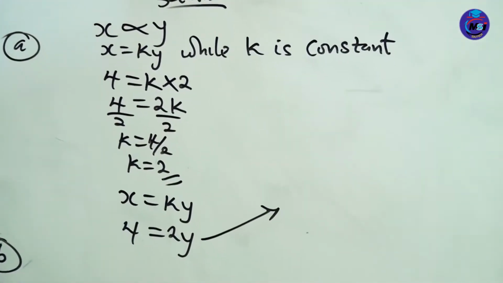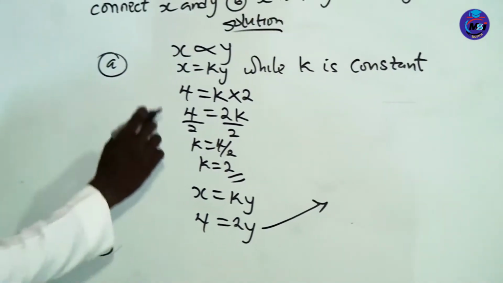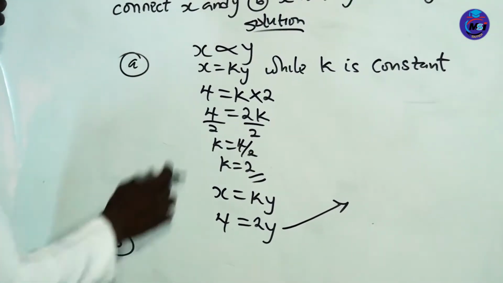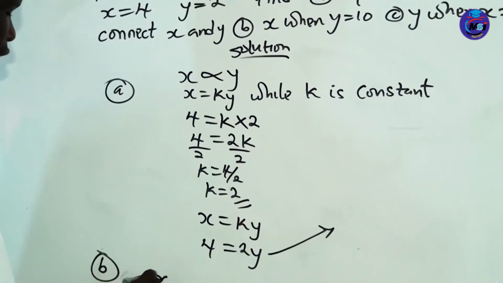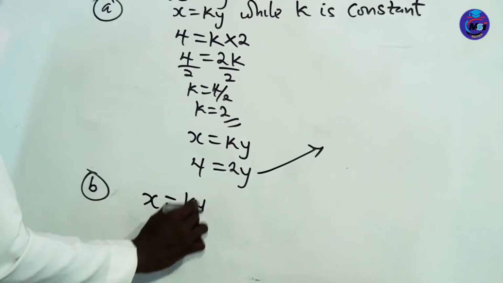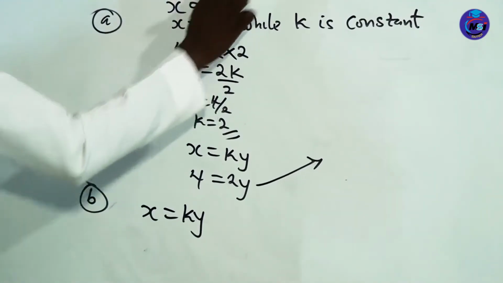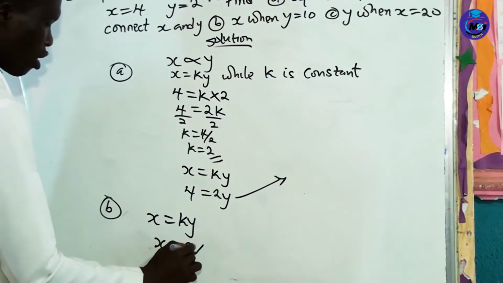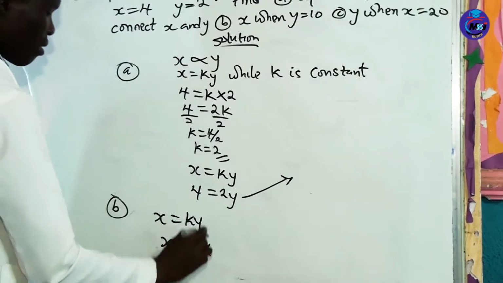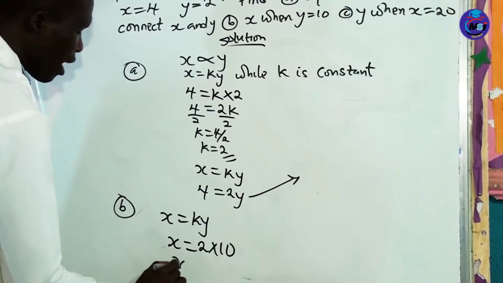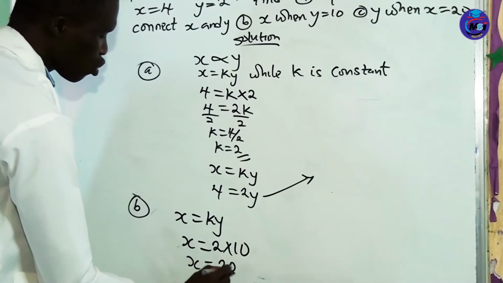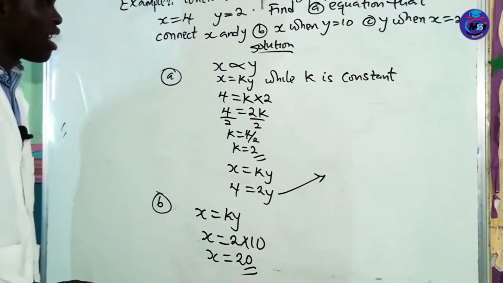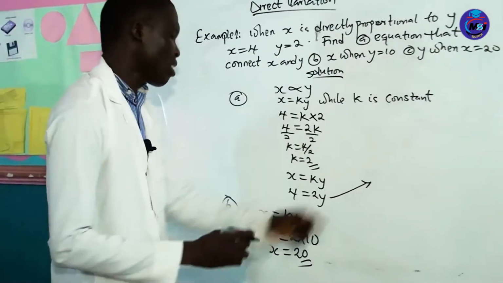So take note of that so that you don't get confused. What are you going to do? You just repeat the equation again. X equals ky. We are finding x. K is 2 and y is 10. So x will give us 20.